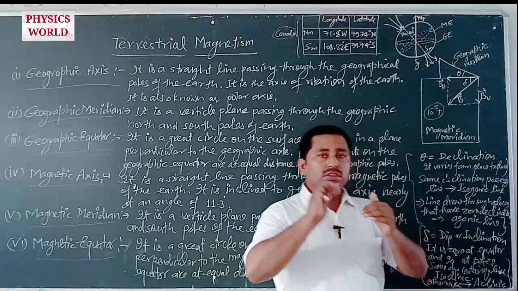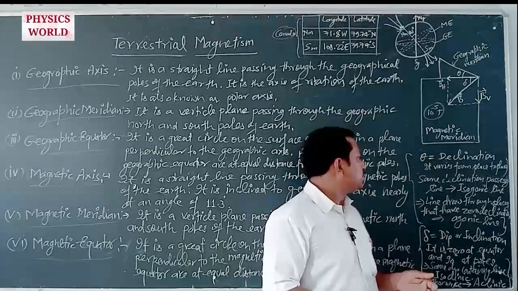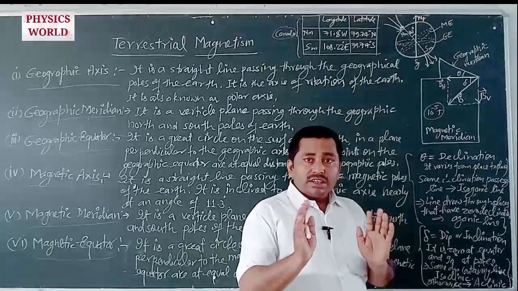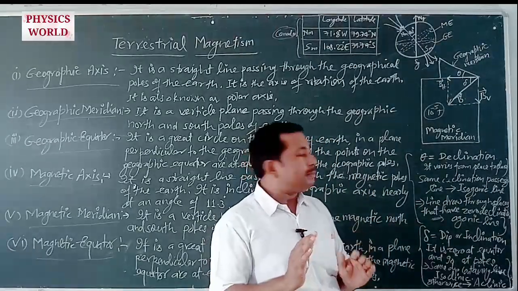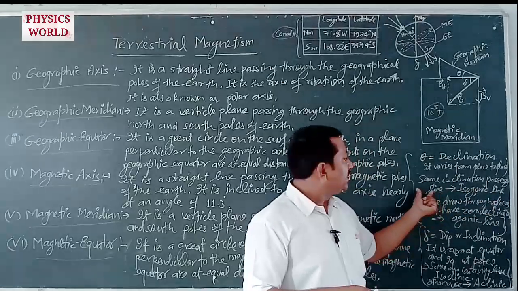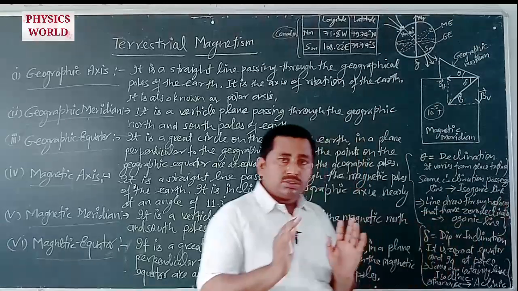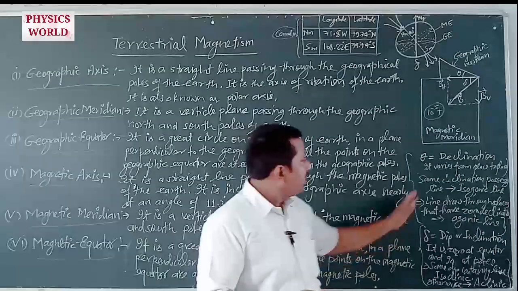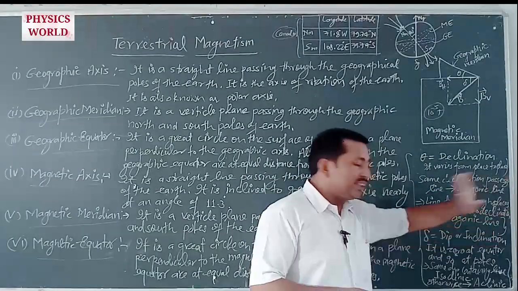If we go throughout the surface of the Earth, the angle of declination varies from place to place. If we see on the map two lines that possess the same declination, those lines are known as isogonic lines. But if two lines do not possess the same declination, they are known as agonic lines.